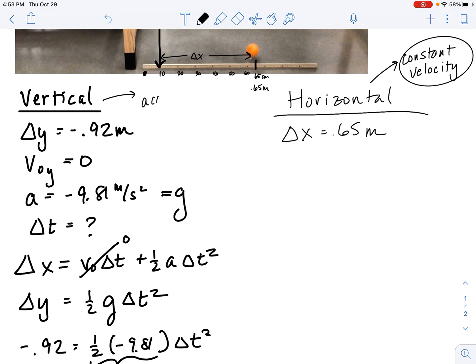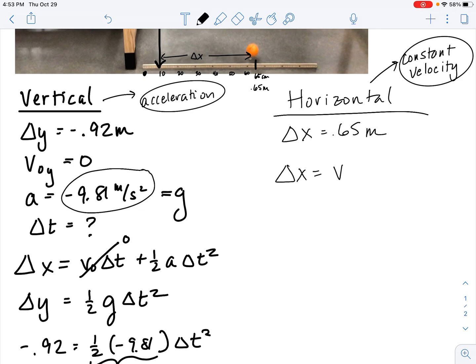Conversely, for vertical motion, we have acceleration. And that acceleration is due to the force of gravity, and the acceleration is equal to negative 9.81 meters per second squared. So I have one formula that I can use for horizontal motion, and it's delta x, displacement, equals velocity times time. Now, to indicate that I'm working only in the horizontal direction, I'm going to put an x on the velocity.